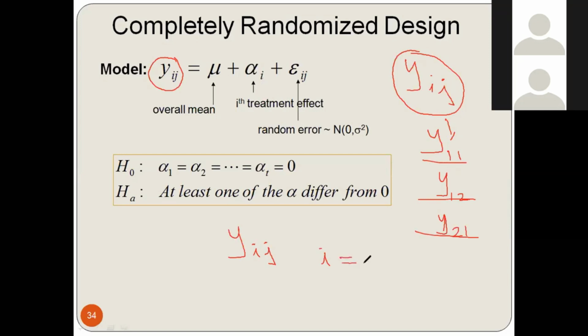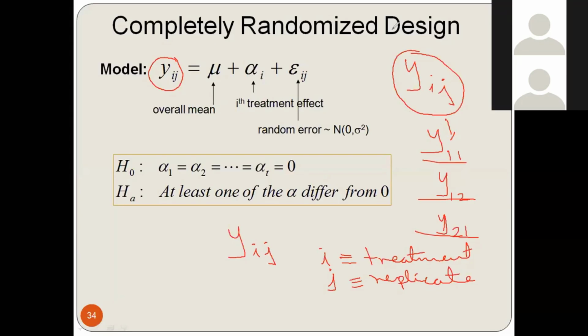I is referring to treatment. J is referring to replicate. I is referring to treatment.